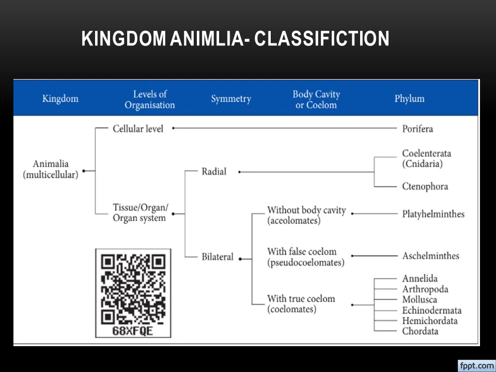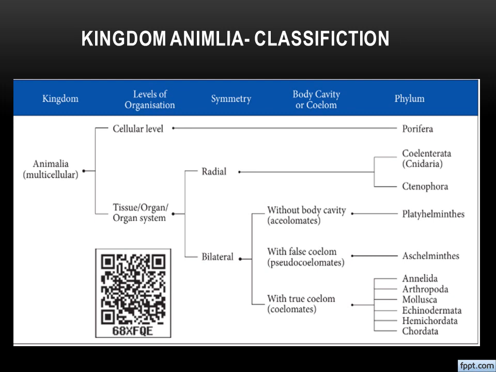Again this group is vast, the number of organisms or species is vast. That's why bilateral symmetry is again classified into three based on the next character, that is coelom. The first is acoelomate, the second pseudocoelomate, and the third coelomate.